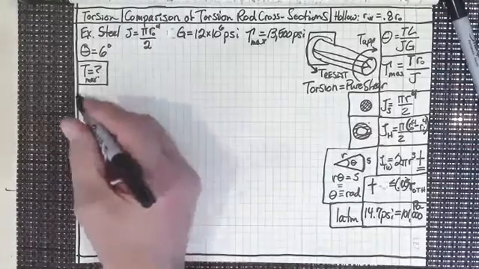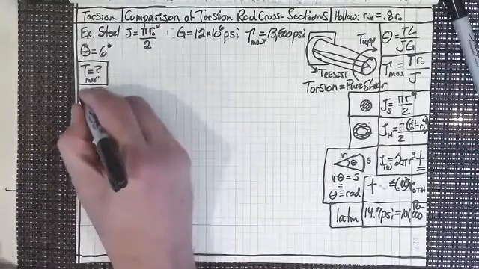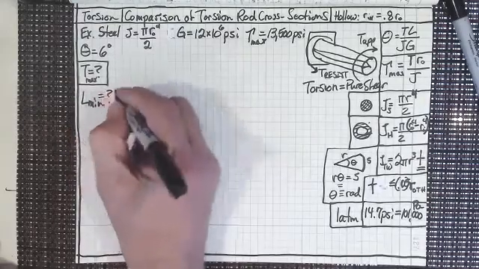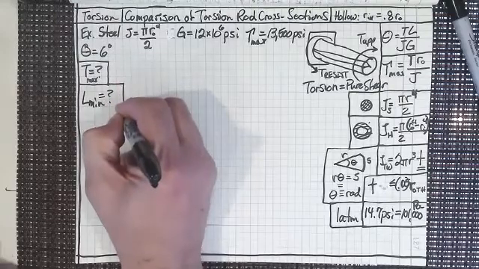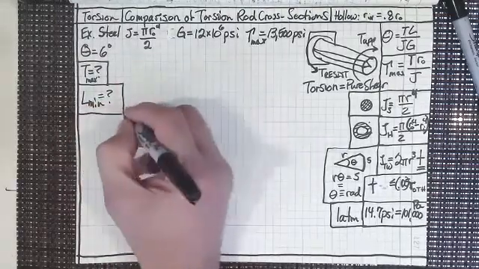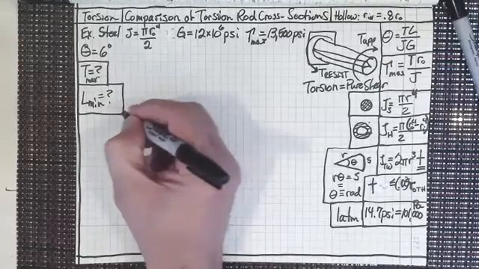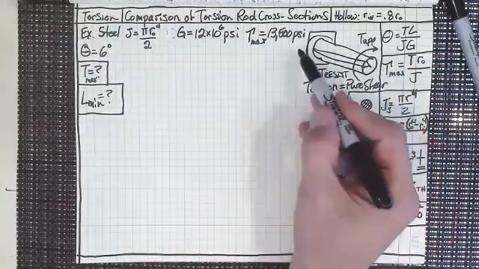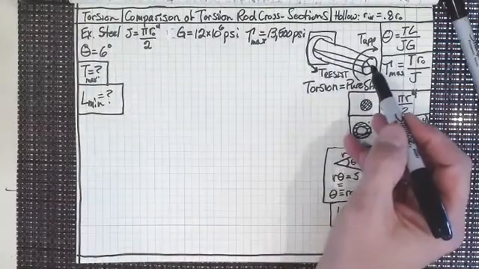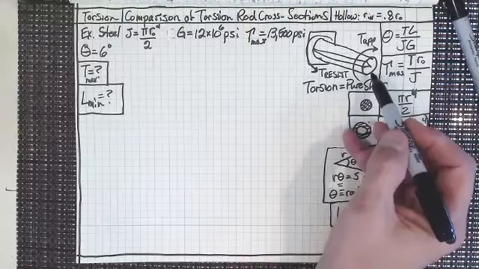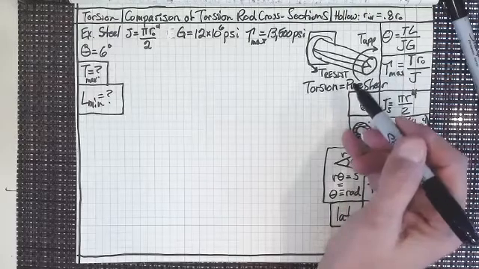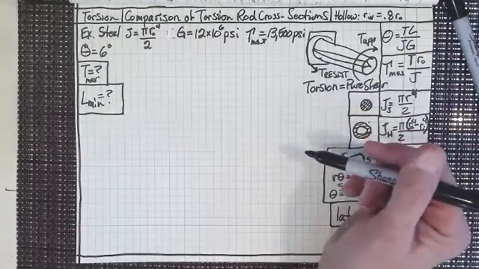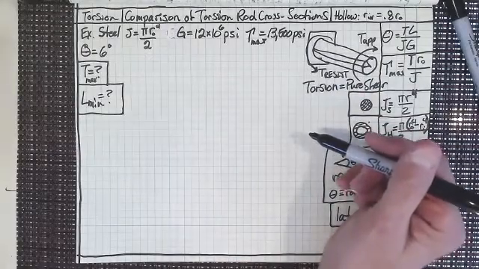But I also want to find out what is the minimum length of this for it not to break. You're probably thinking, oh, he's obviously at Ford Motor or Chevrolet or GM or something, and they're designing a solid torsion rod for the back lift gate on a truck, so that when the gate comes down and they're putting this torsion rod in, the lift gate is easier to push back up.